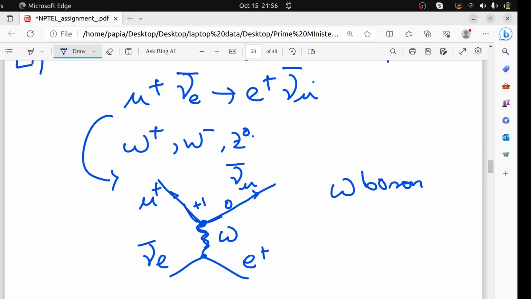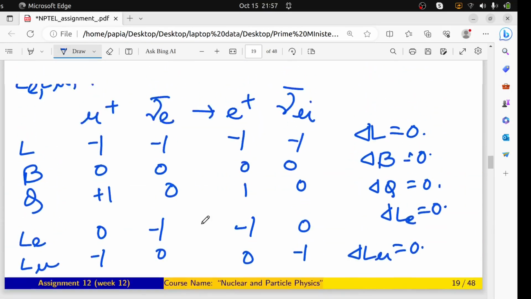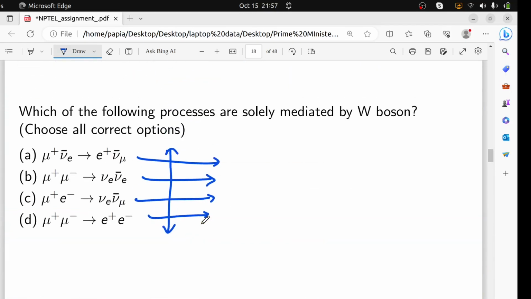Similarly for this vertex, you can see here the charge is 0, here it is plus 1. So obviously there will be one going out with charge plus 1. So mu plus, nu E bar going to E plus, nu mu bar should be solely mediated by W. Otherwise, if there were a Z, then this vertex would not be correct due to charge conservation. So option A is solely mediated by W boson.